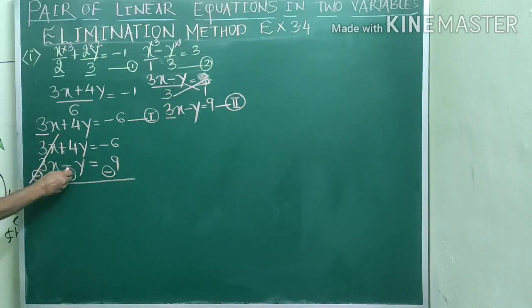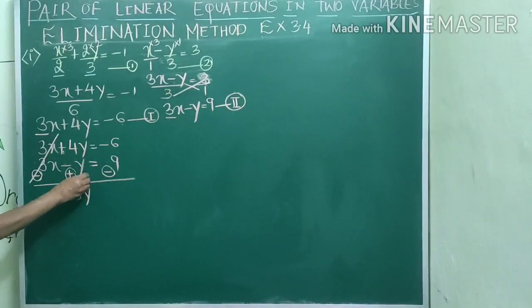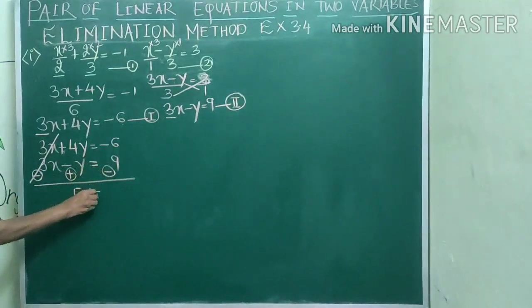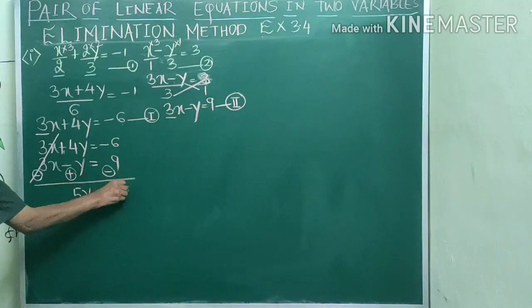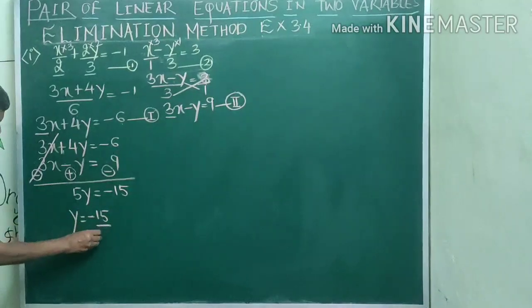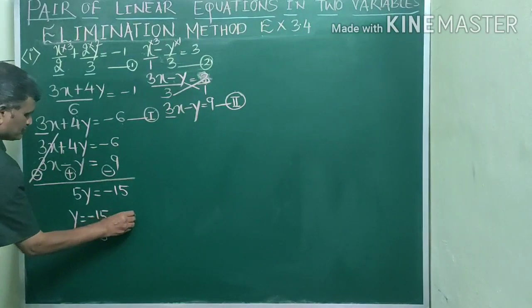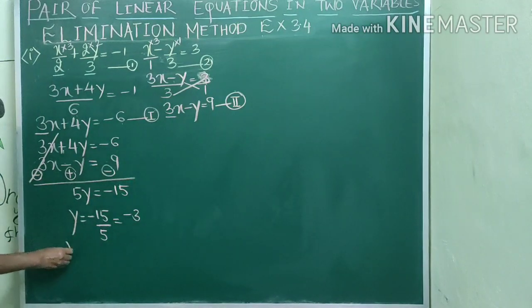So plus 4y plus 1y is plus 5y. Minus 6 minus 9 is equal to minus 15. So y is equal to minus 15 divided by 5. So I solve it, what I get is minus 3. So finally y is equal to minus 3.